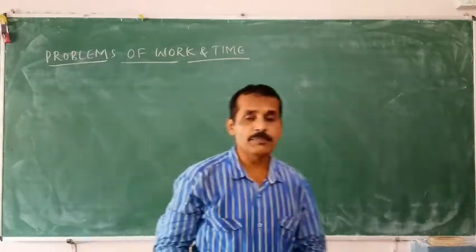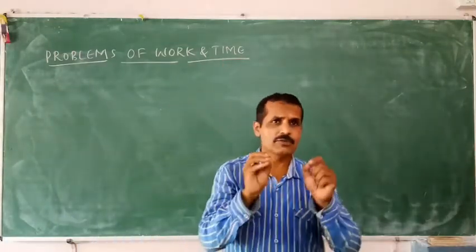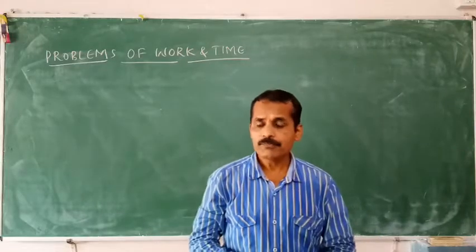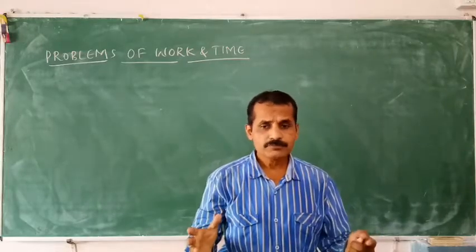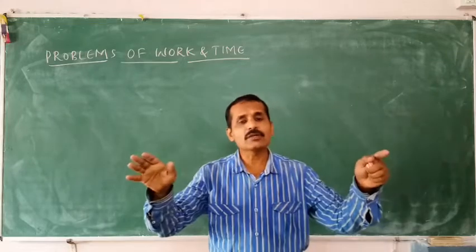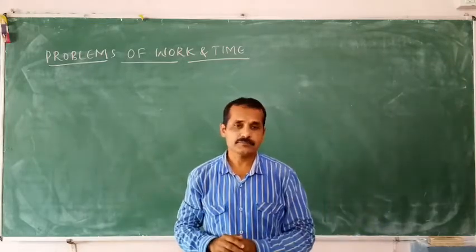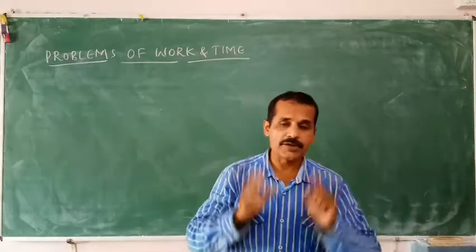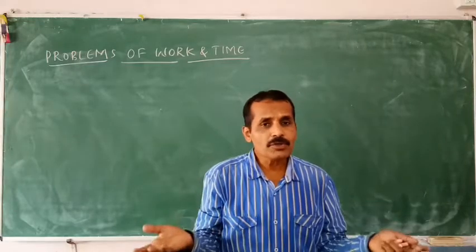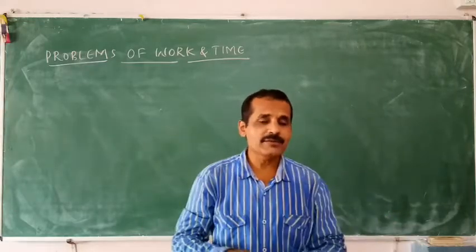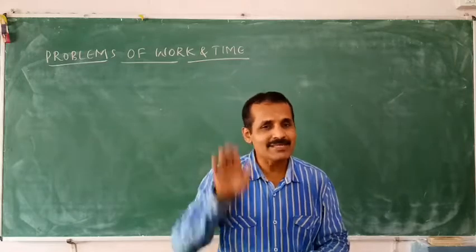Here one thing you have to keep in mind. See, I will give one example before I start the problem. Suppose you are cleaning your school garden. If more number of students are included, the time taken will be less.